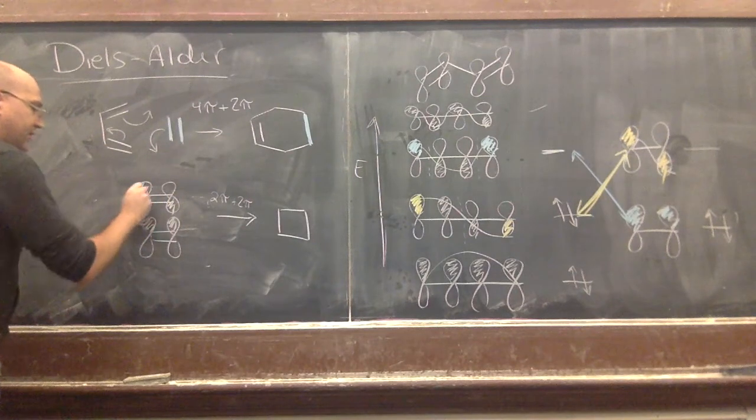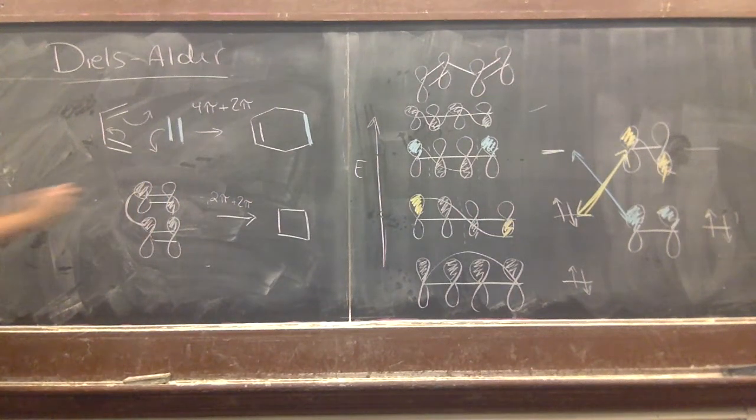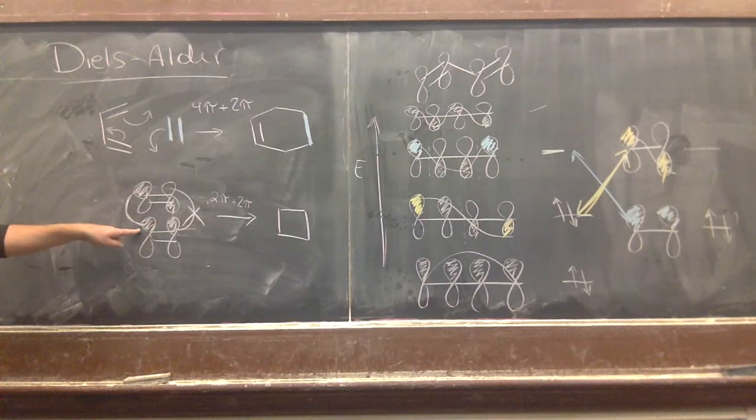And what you can see here is that's matched, but this one's not matched. You guys see that? Okay, so thermally, this is not a reaction that can work, because we've got one matching node, but we don't have another matching node. So 2 plus 2 is not a reaction that can happen thermally.